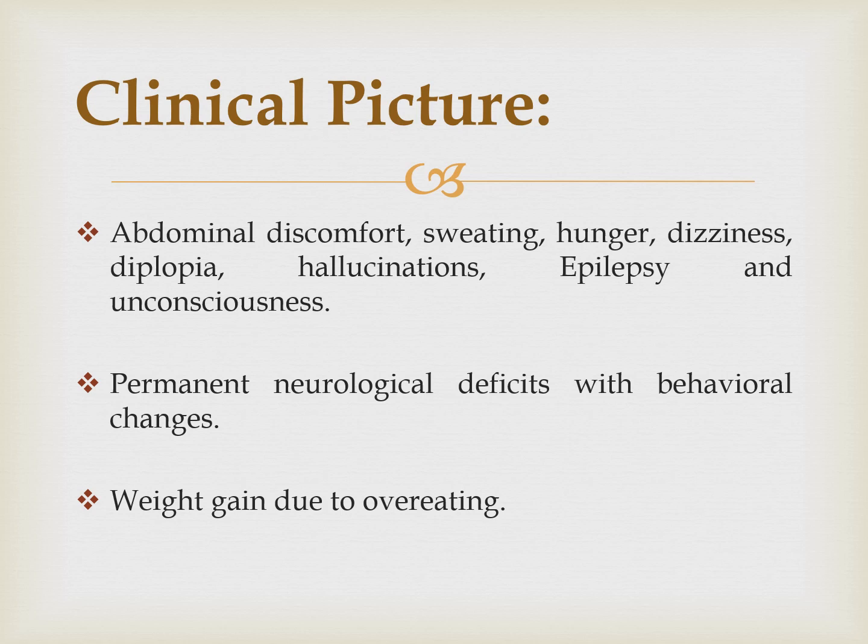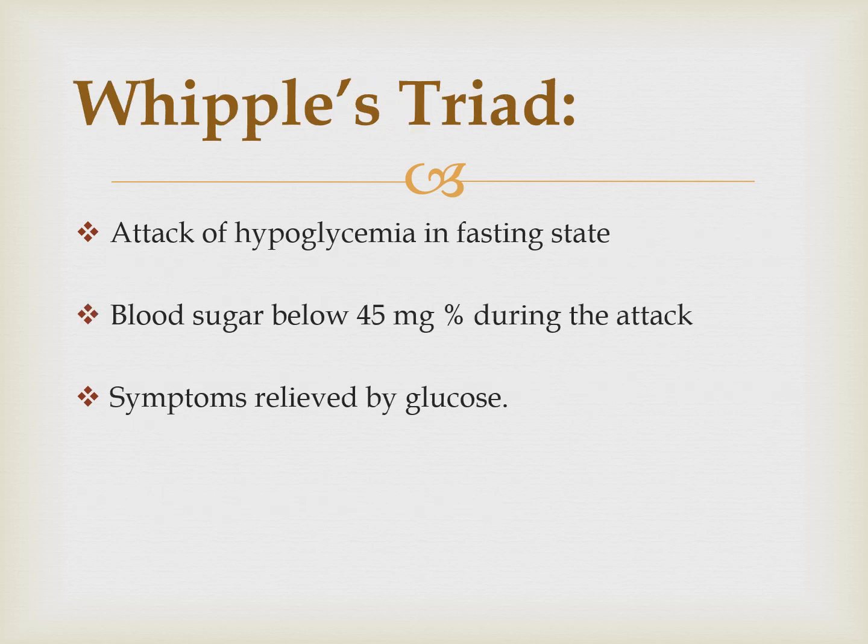The CNS symptoms include diplopia, blurred vision, hallucinations, epilepsy, unconsciousness, and there is sweating, hunger, nausea, and anxiety, and these are due to the release of catecholamines. Permanent neurological deficits with behavioral changes may occur, and it may present also with weight gain or overeating.